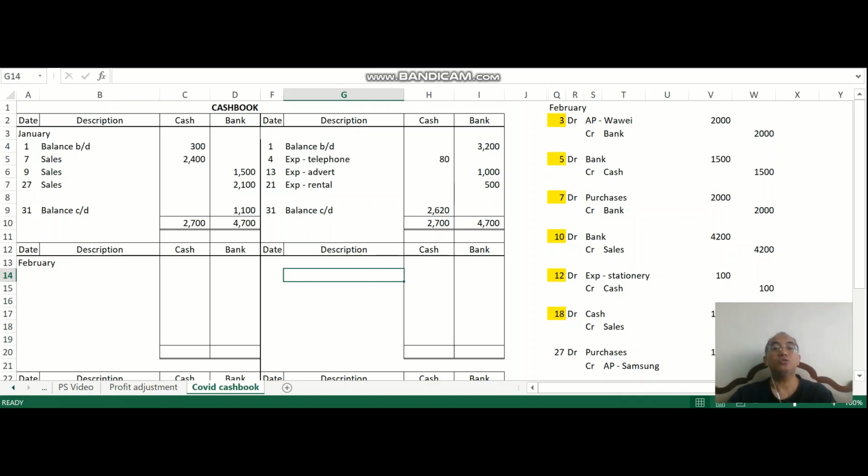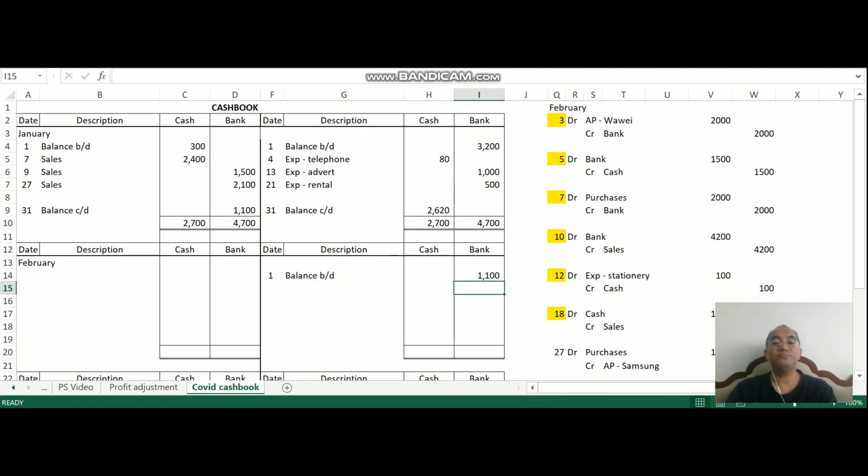Okay, so if we have balance c/d over here, we need to bring it down, cross chord, cross chord. Balance b/d. This is on the bank column, so we put it at the bank column, just copy it.